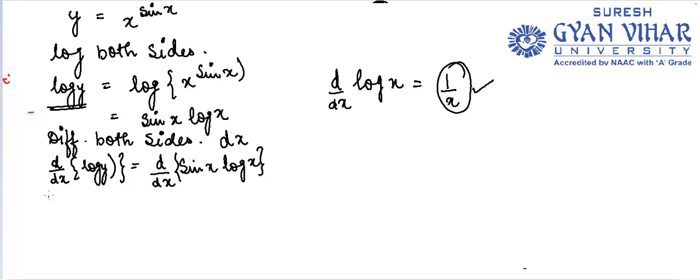So here the differentiation of log y gives 1 upon y dy by dx, because it is with respect to x.